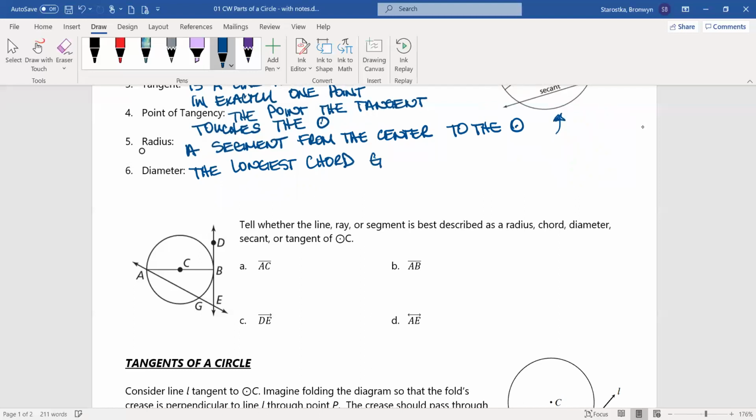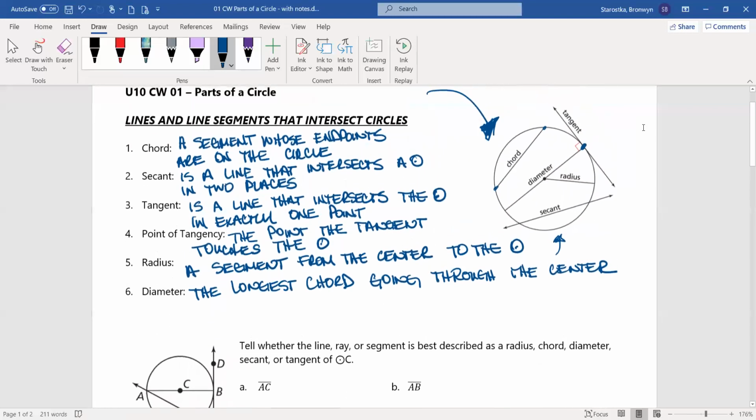It goes through the center. The tangent and secant are going to become very important when you hit pre-calc and calculus.